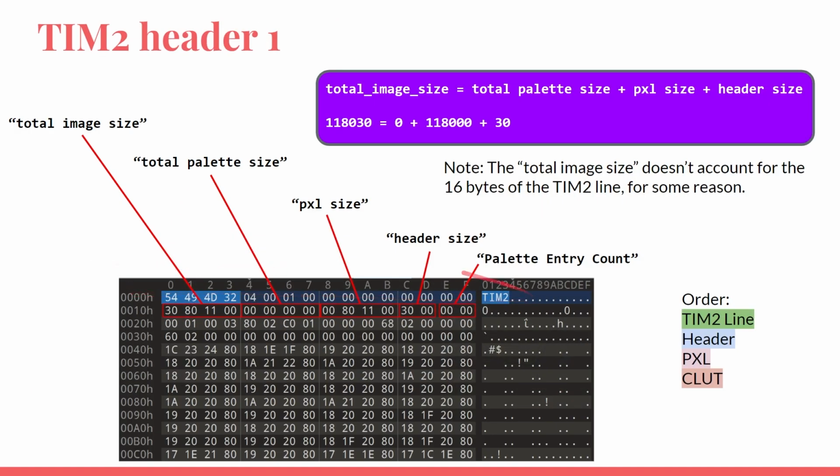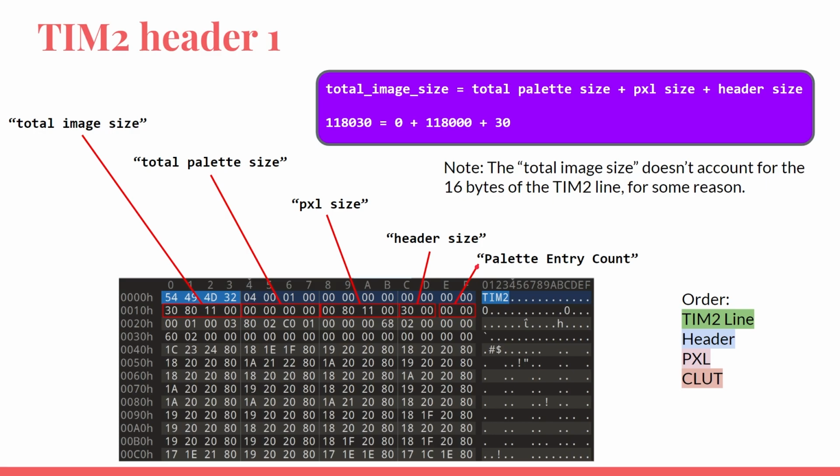After the first line, we have the first part of the header. First we have the total image size, which is the next 3 entries added up together: the total palette size plus the pixel size plus the header size. After that, we have the palette entry count. That usually corresponds to how many colors are in a palette.